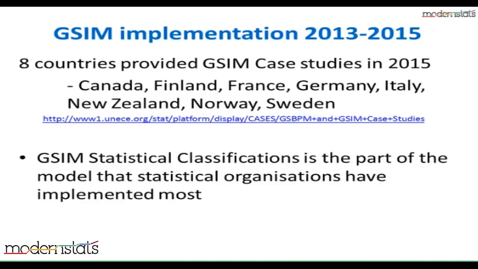And you can access all those case studies from the UNECE wiki. GSIM statistical classifications is a part of the model that statistical organizations have implemented most.